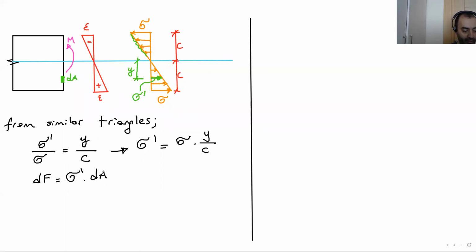If we write the moment of F around the neutral axis.